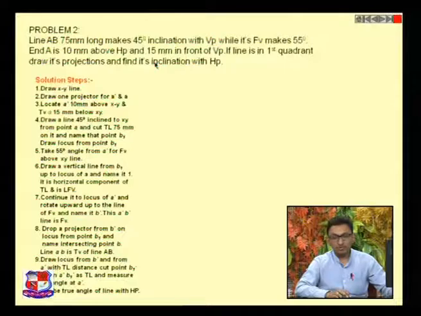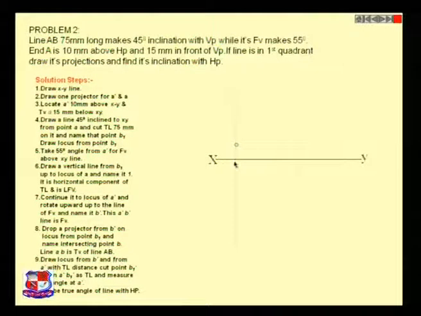What we will do? First of all, we will draw the XY line. Now we will locate the point number A and point number A dash. Point number A, 10 mm above HP. 10 mm above HP line I have drawn.